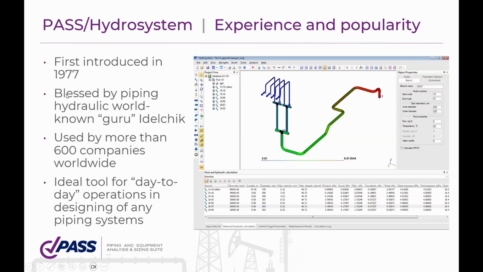It was blessed by a world-known piping hydraulics guru named Idelchik, after his famous work, the hydraulic resistances workbook. And currently, HYDROSYSTEM is used by more than 600 companies worldwide. And we consider it an ideal tool for day-to-day simple calculations and operations in designing any piping systems.